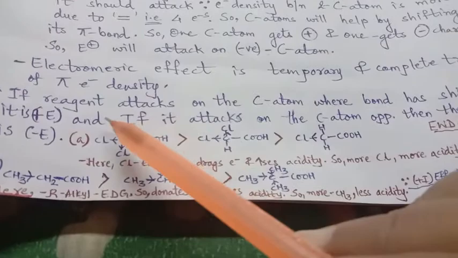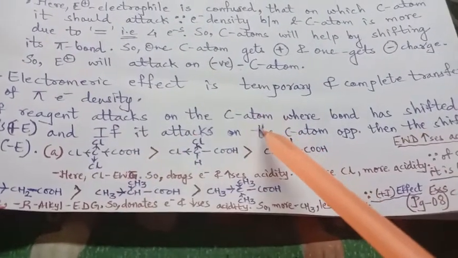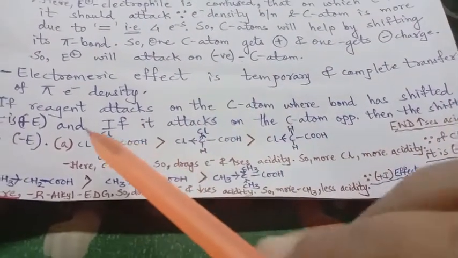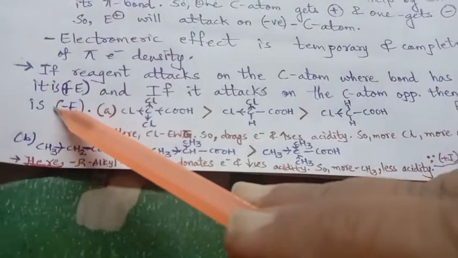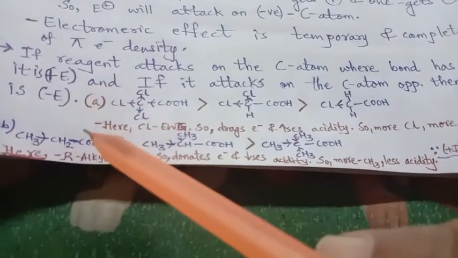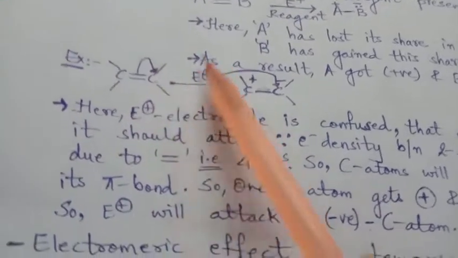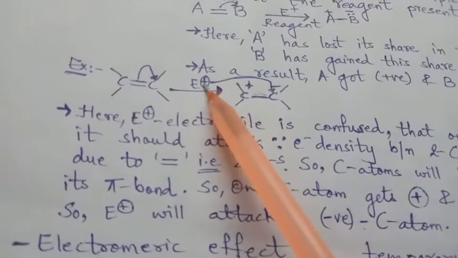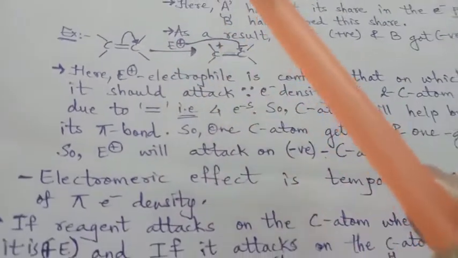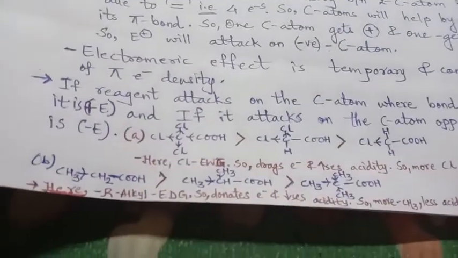Here, if the reagent attacks on the carbon atom where the bond has shifted, then it is the positive electromagnetic effect. So here you see, the bond shifted on this carbon and on the same carbon the electrophile is attacked. That means it is the positive electromagnetic effect.